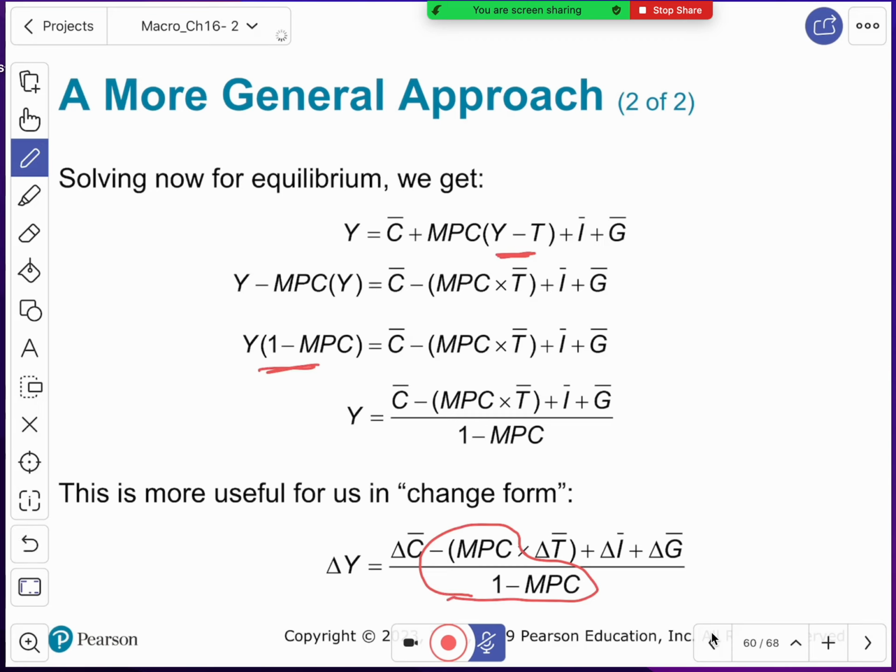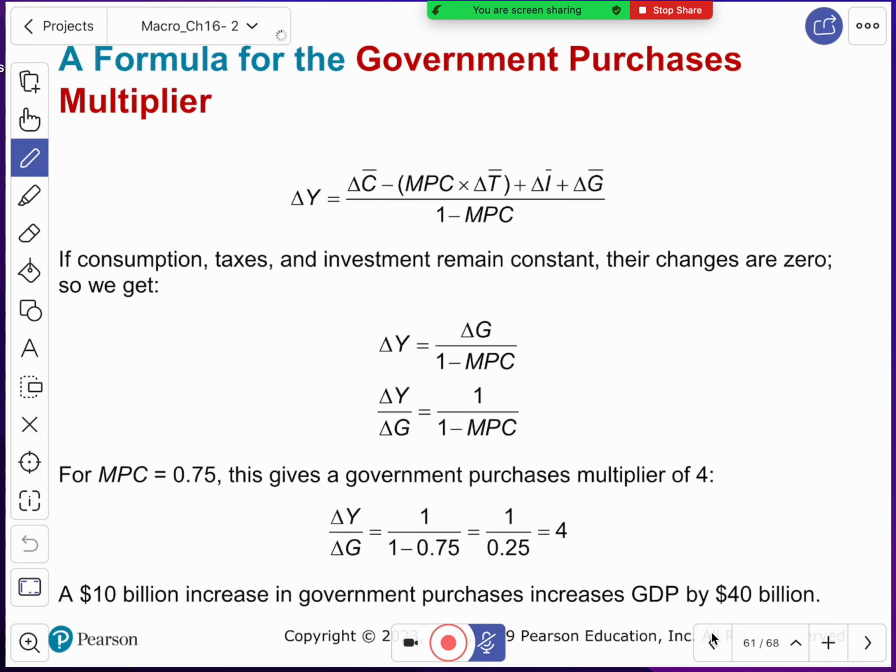Okay, and this is a general form. The tax multiplier is the one that I derived on the slides, and I said that the government multiplier is 1 over 1 minus MPC. So if you're given MPC is 0.75, then you can compute the government multiplier as 4.